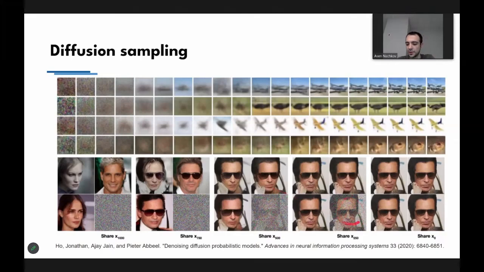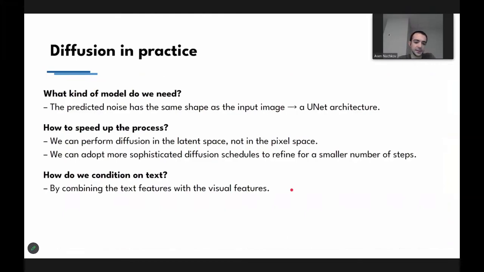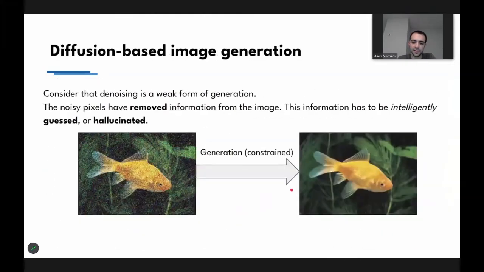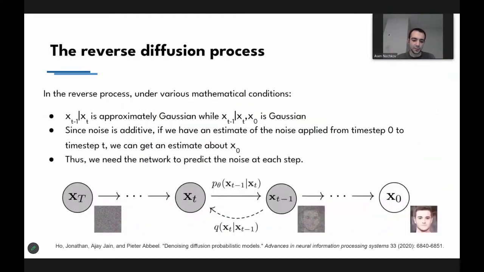And furthermore, if we start conditioning more and more on the face of this person, we get less and less variance in the outputs. So this is all consistent with what we saw back in this slide, that we are ultimately denoising, and the more we are denoising, the more we are generating from the set of possible images.